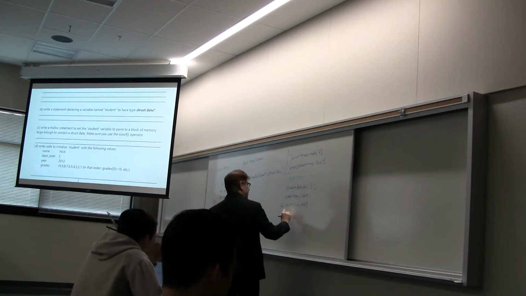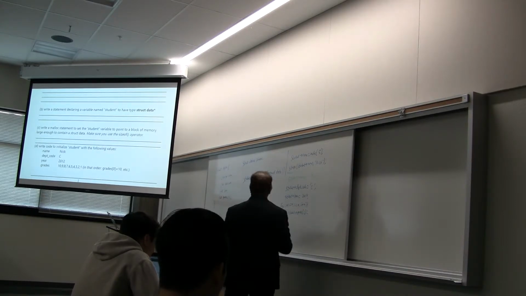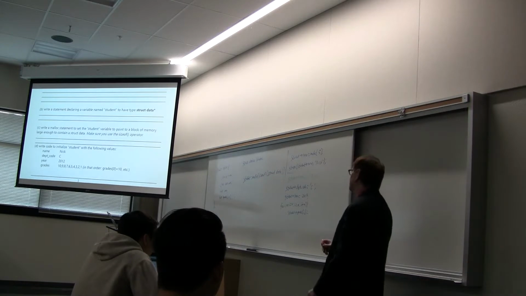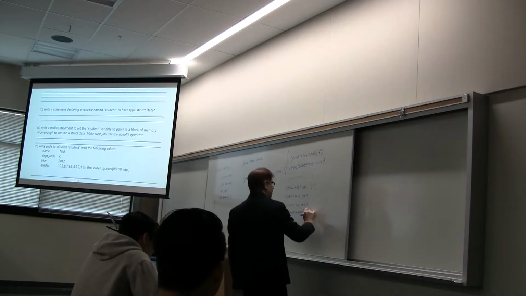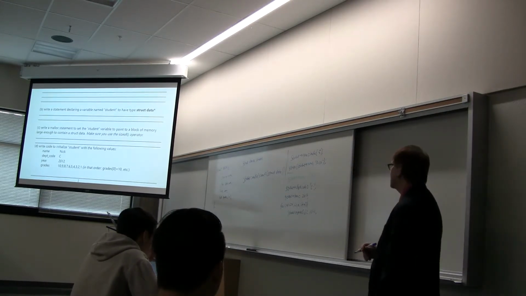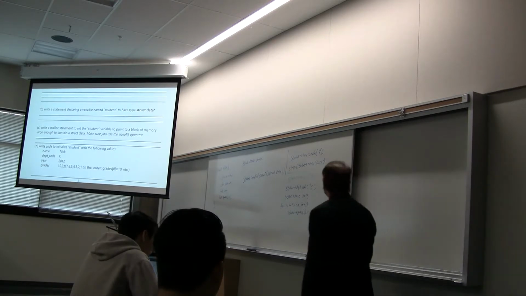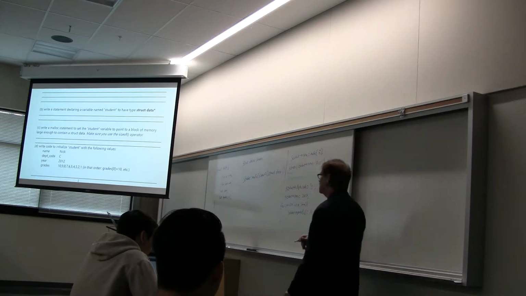And we could say student arrow grades bracket I equals, and then here you got to figure out the equation. So I is going to start off at 0, and we want it to be equal to 10. So something like 10 minus I. And it finishes when I equals 9, 10 minus I is 1. So that will assign the grades.